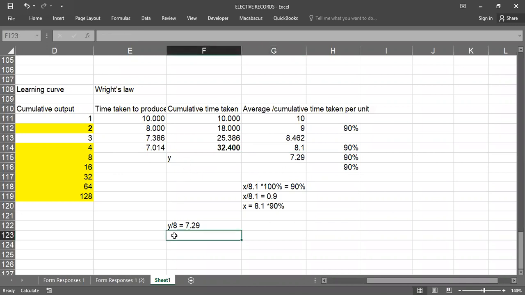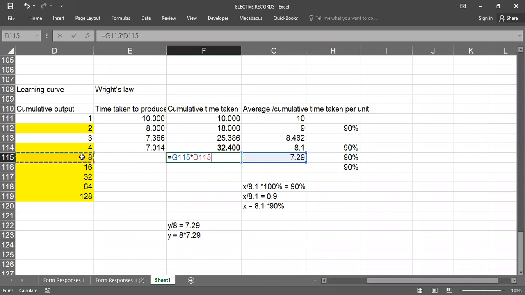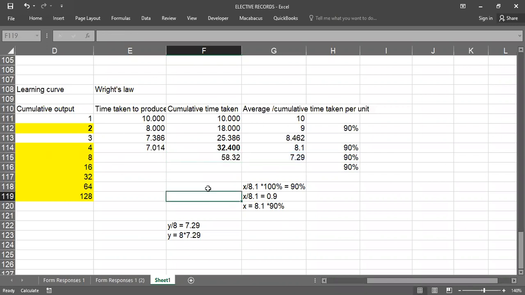So therefore my Y will equal what? Y is equal to 8 times 7.29. That's how I end up with this figure here, by saying it is the same as this times this. Okay, I hope that is fine.